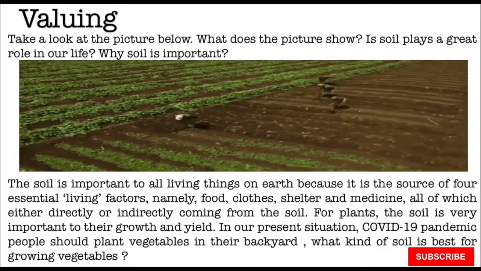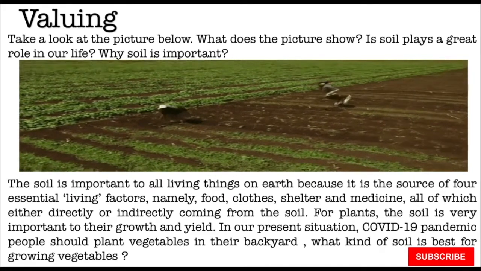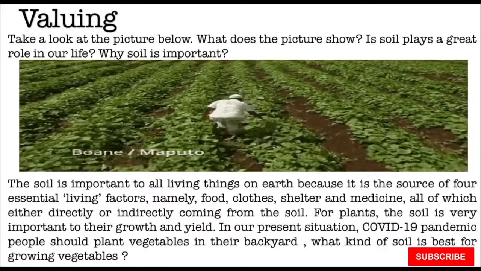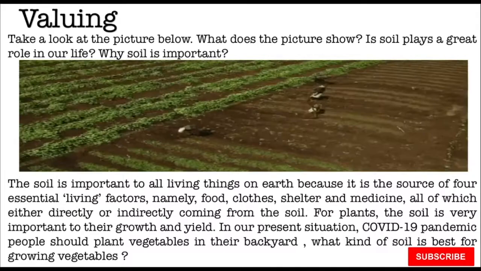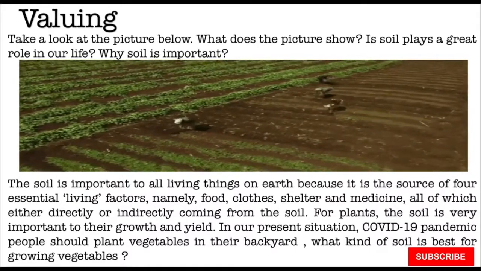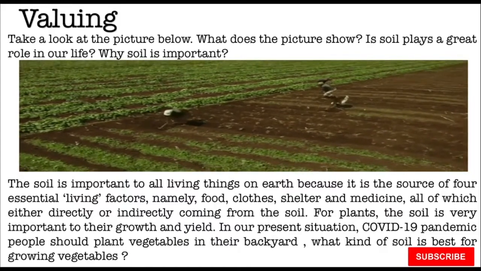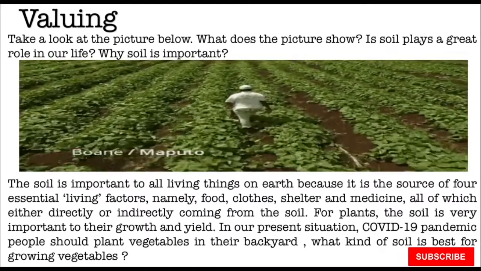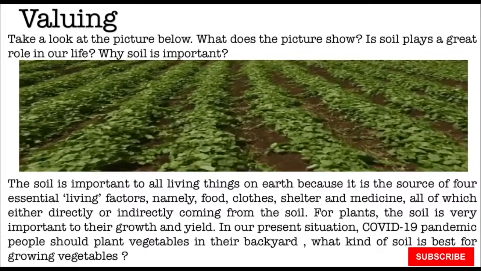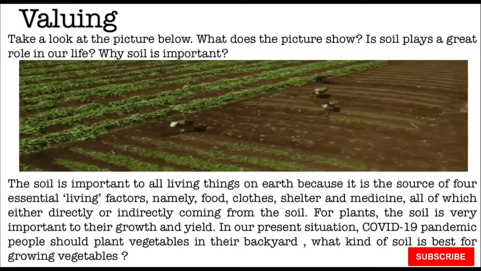For plants, the soil is very important to their growth and yield. In our present situation, the COVID-19 pandemic, people should plant vegetables in their backyard. What kind of soil is best for growing vegetables?